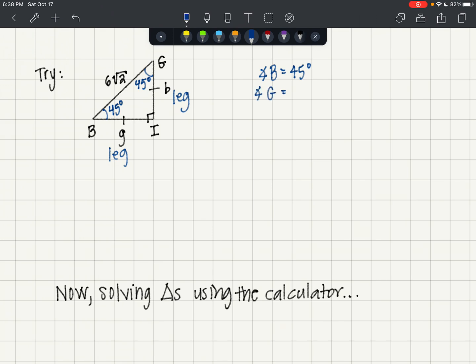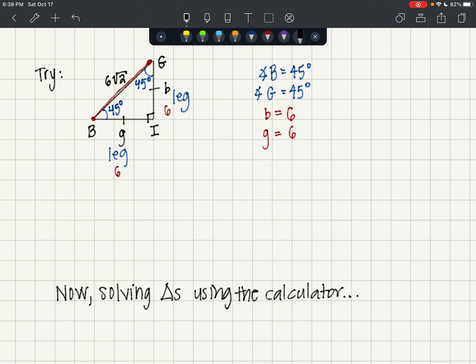Angle G is equal to 45 degrees. And we could say that that's given information because of B and G being congruent, but we're going to list it off to the side anyway. And then because the hypotenuse is 6 times the square root of 2, each leg is going to be 6. So lowercase b is 6 and lowercase g is 6.